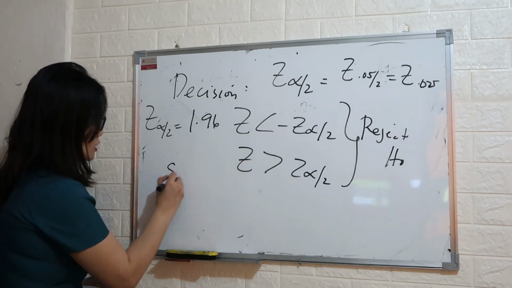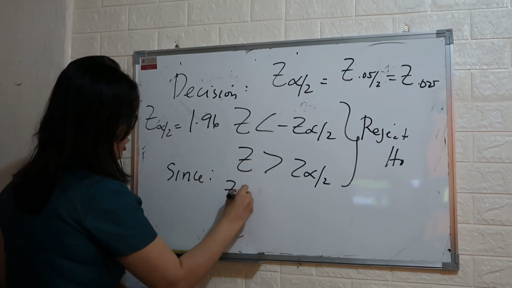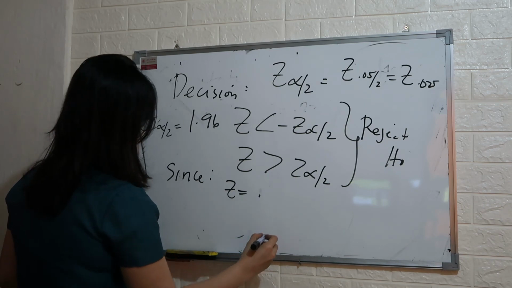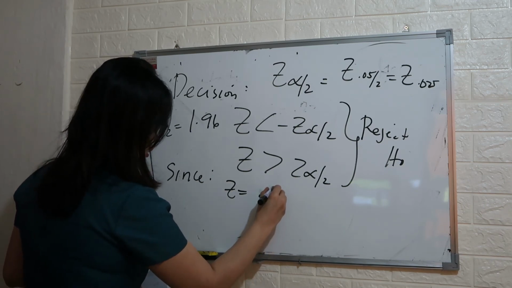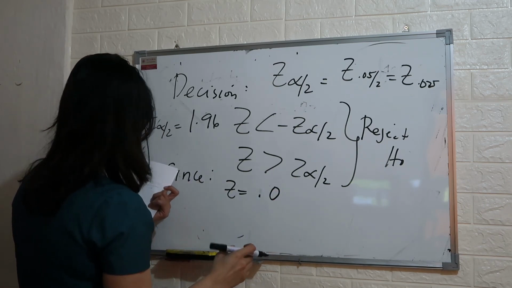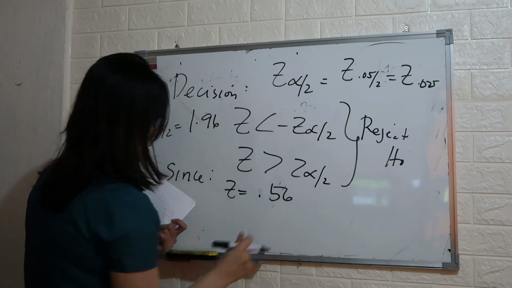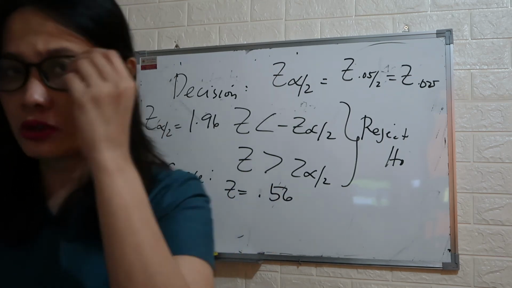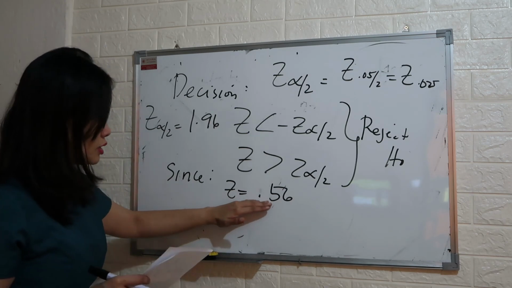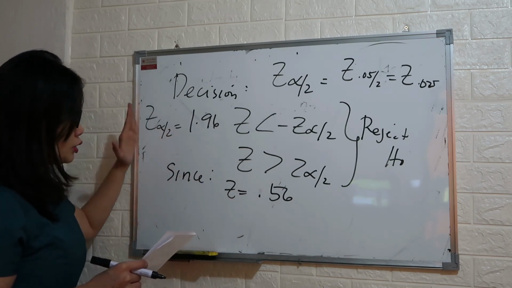Now, since the Z value is 0.56, what have you noticed? Your Z value is 0.56, and your Z alpha over 2 is 1.96.